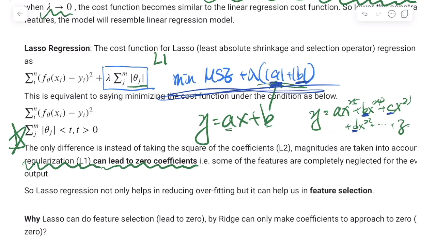So it makes your model become simpler. So it indicates that if you use lasso regression, your model will sometimes not overfit because it has fewer parameters to model your data.